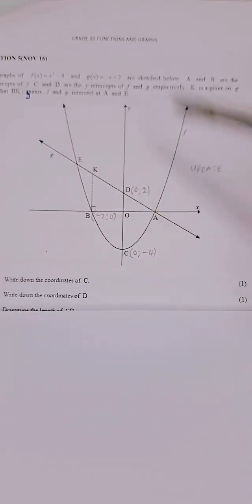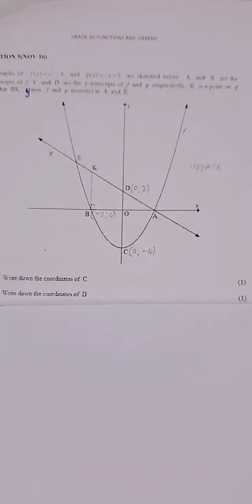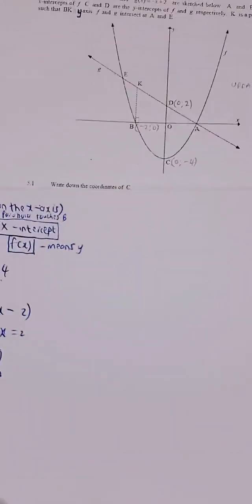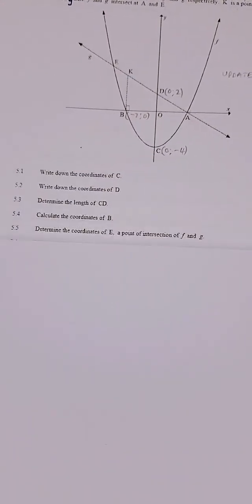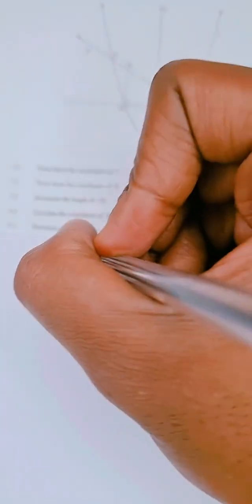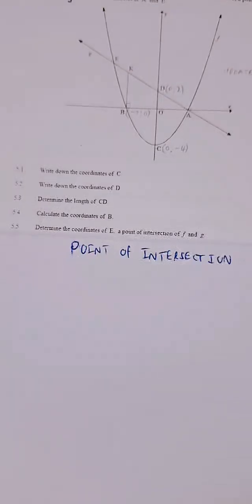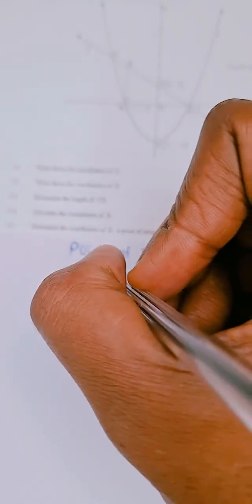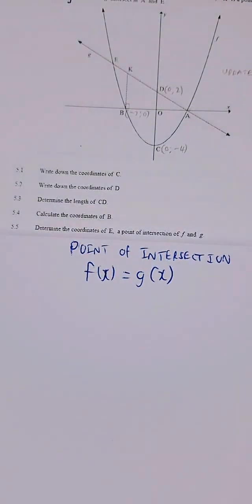All right, so nobody has told us very well what it is that we need to be writing down algebraically to support point of intersection. So guys, whenever they ask questions on point of intersection and they want coordinates for the point of intersection, your responsibility, as dear Nombali has done in the comment section, and I want to thank her for that, is you say whatever the functions be, you equate the two functions.